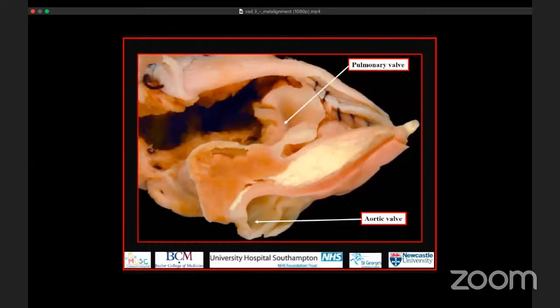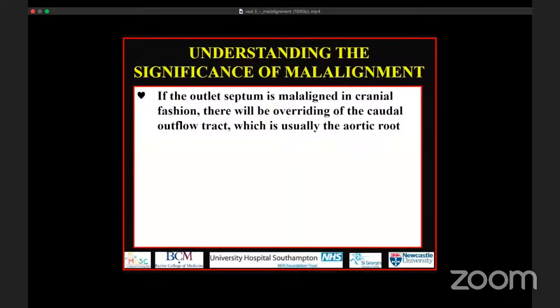There is the pulmonary valve, and now you see a tissue plane that has developed between that muscularized cushion mass and the aortic root. Part of that is now a right ventricular outlet septum, whilst the other part has become the muscular subpulmonary infundibulum, but that is malaligned and it is producing obstruction to the subpulmonary outlet.